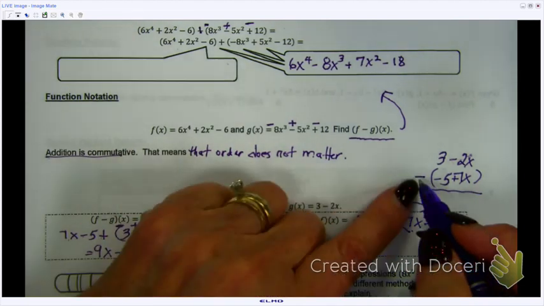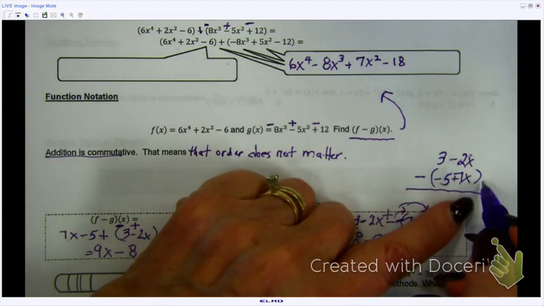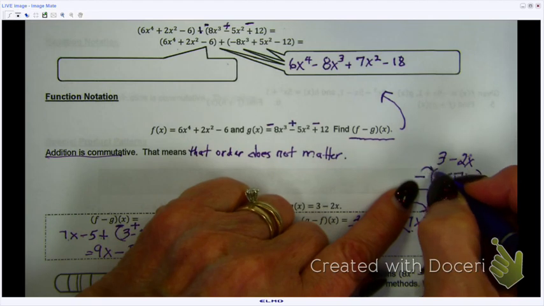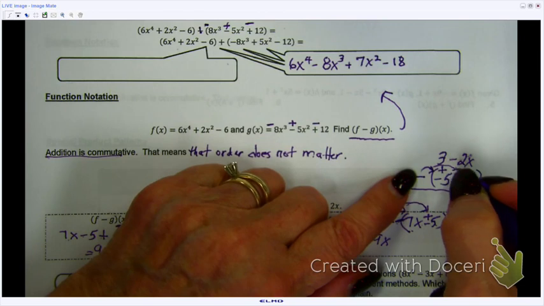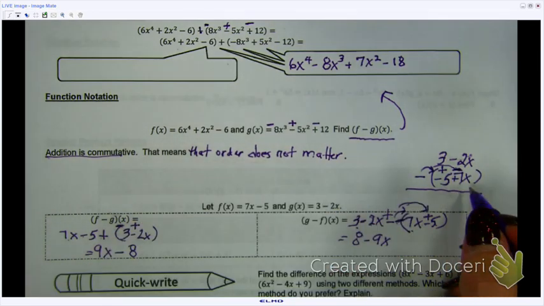But now we need to distribute the minus sign first. So this becomes plus 5, and distributing it to here, it becomes minus 7x.